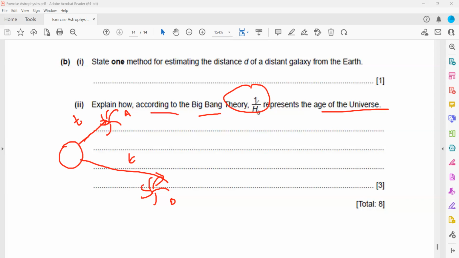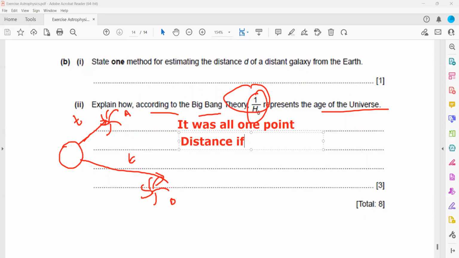So according to the Big Bang theory, how does 1 over H naught represent the age of the universe? First, it was all one point. Then, when it is scattered, the distance of the galaxy is d and the speed is v.